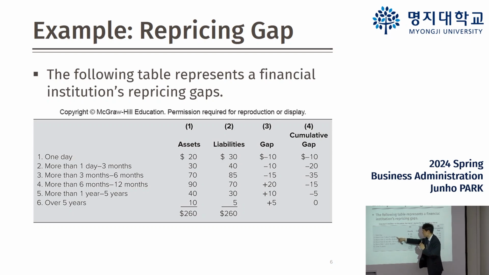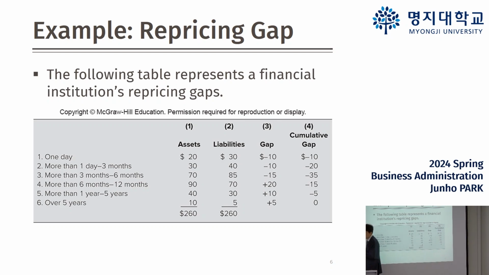For the second bucket, 1 day to 3 months, assets are 30 and liabilities are 40, so the gap will again be 30 minus 40, which is minus 10. For the third bucket, assets are 70 and liabilities are 85, so the gap will be 70 minus 85, which is minus 15. So similarly, we calculate the gap for each bucket. So we have 6 gaps.